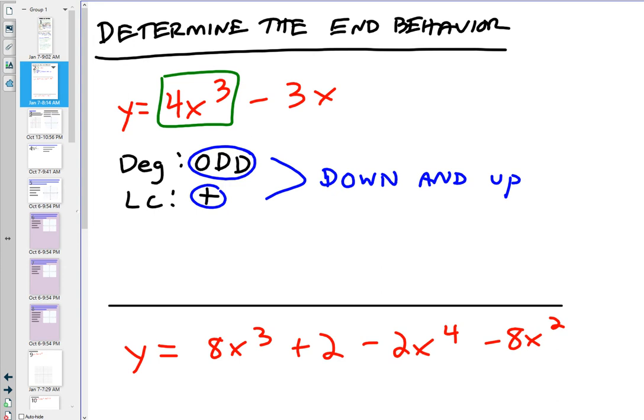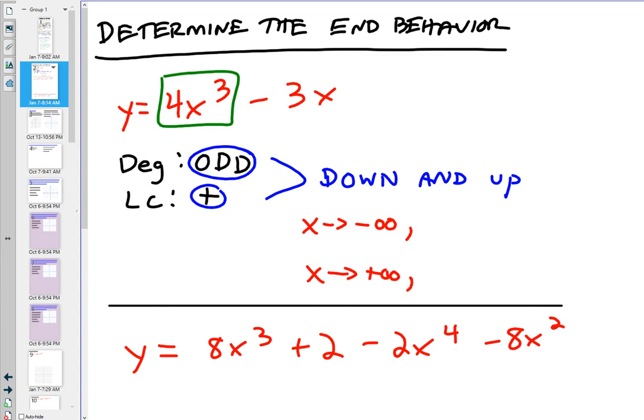But wait, there's more. Let's also, just for fun, write this in arrow notation. In arrow notation, the way I would say my left arrow is that x is approaching negative infinity. The way I would say my right arrow is that x is approaching positive infinity.